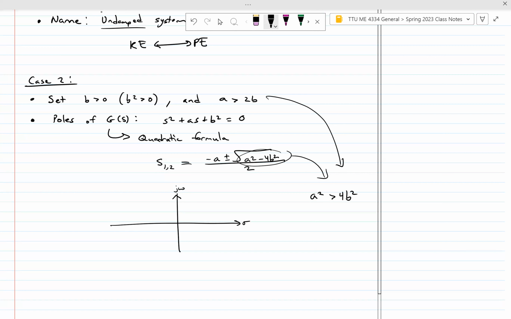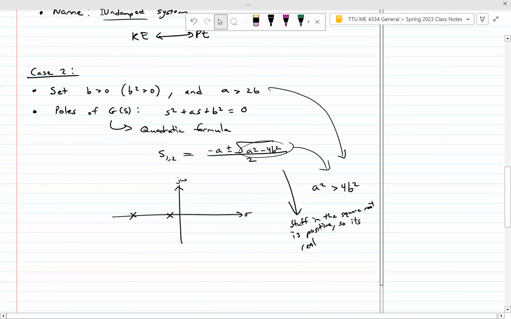Therefore, the stuff in the square root is positive, so it's real. We should end up with 2 distinct real roots in this case. They can't be the same. They both should be in the left half plane, not over here, somewhere over here.